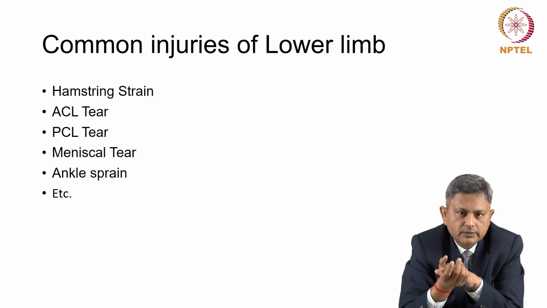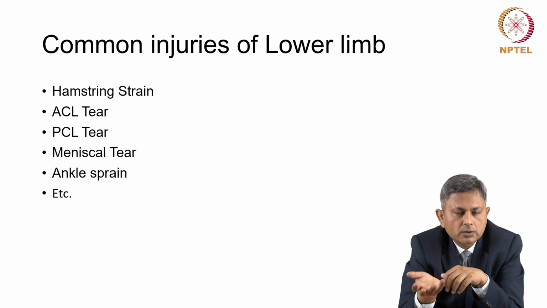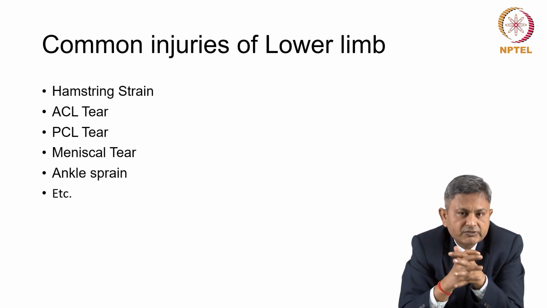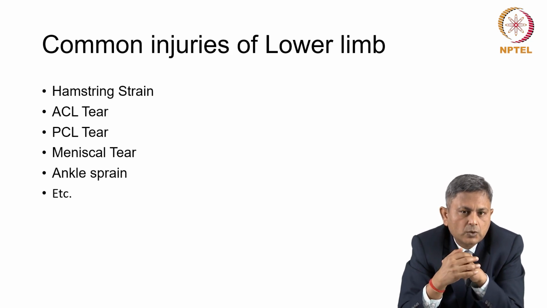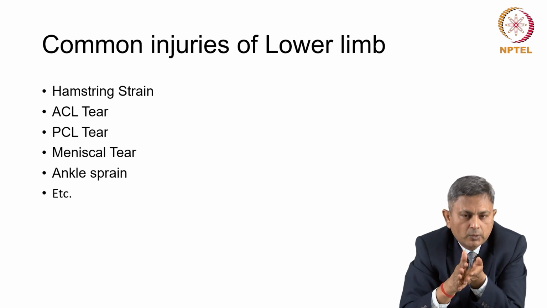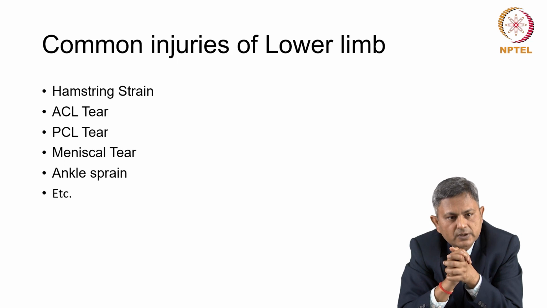Sometimes it's a minimal tear, and it wears off in a day or a week. And when the strain is quite severe, and more than a few fibers are disrupted, there might be swelling and localized tenderness over the hamstring, quadriceps, or gastrocnemius muscles, that is, the calf muscles.